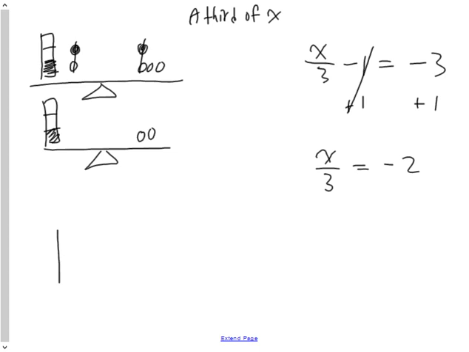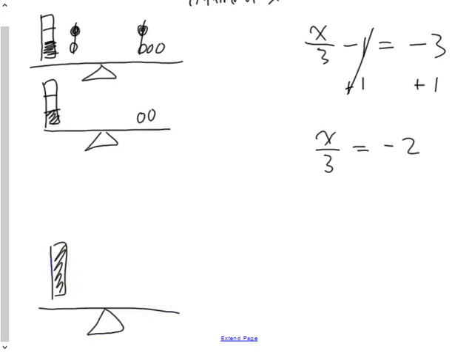Our ultimate goal is not to know what a third of x is, but what x is equal to. So I'm going to bring this down just a bit here. I'm going to ask myself the question, how many of these do I need to make a full x? And the answer is I need 3 of them. So I'm going to triple this side from a modeling perspective.